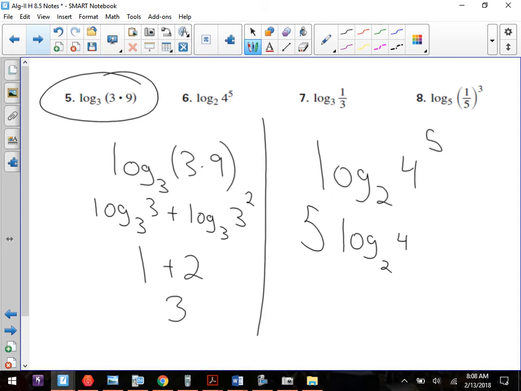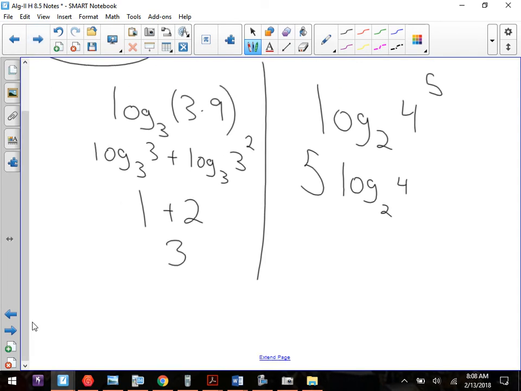Five times the log base 2 of 4. And then how do I rewrite 4 as a base 2? 2 squared. So this becomes 5 times the logarithm of 2 squared. Well, what's the log base 2 of 2 squared? 2, which means this is 5 times 2, otherwise known as 10.